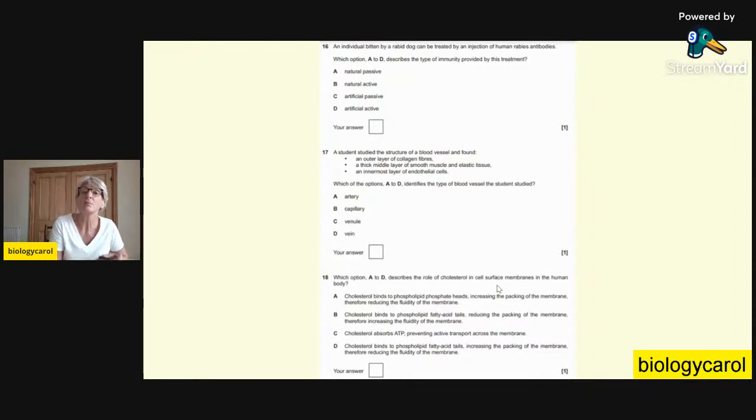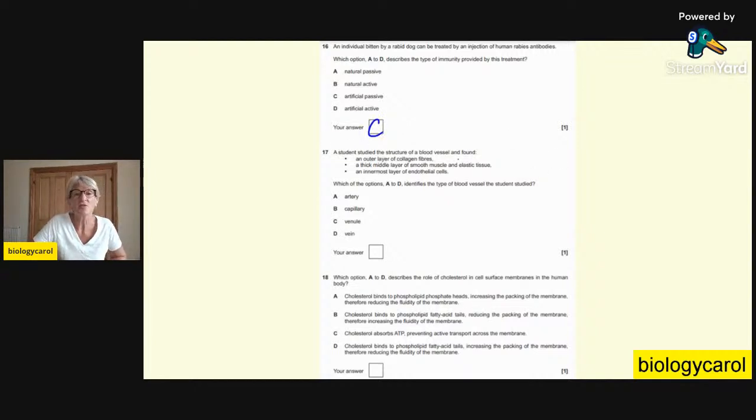And it is done by an injection, and therefore it is not natural, it is artificial. The only type of natural passive immunity that we most commonly come across is babies drinking their mother's milk, because the antibodies are passed to the baby through the mother's milk. So I'm thinking that this is C.